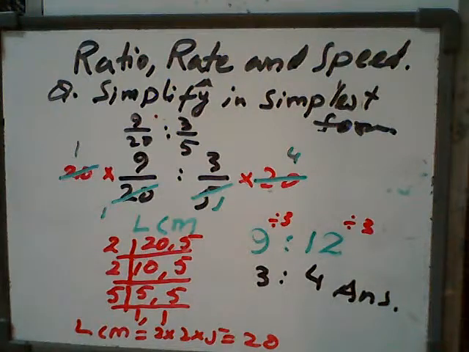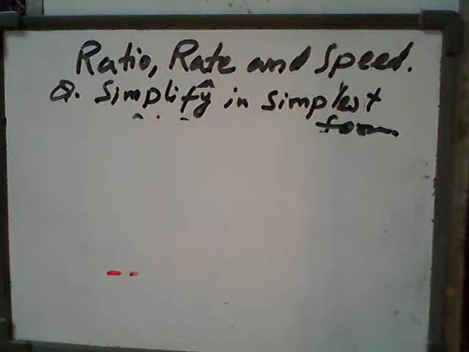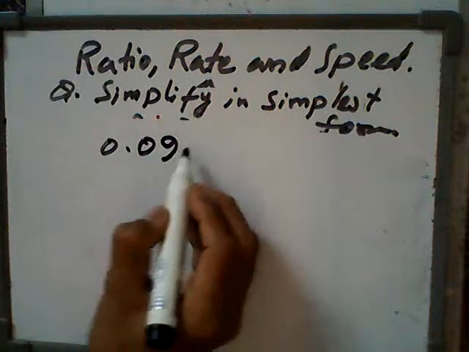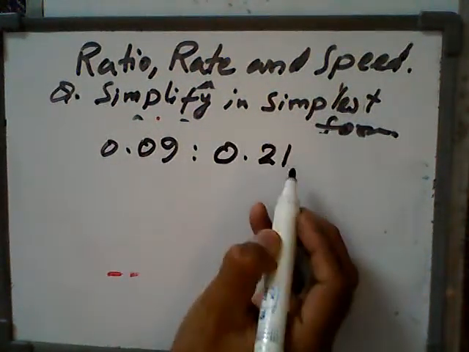Now, come to the another one, which is about decimal. So how to simplify decimal? So let's check it. The decimal numbers are 0.09 ratio 0.21.